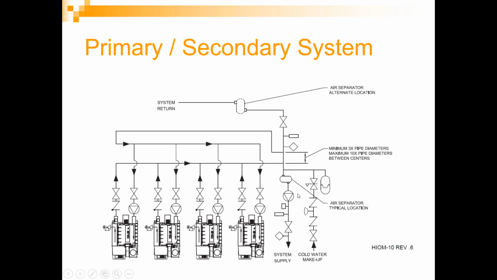You have your primary boiler pumps and then your secondary distribution pumps sending water out into the system. And these two closely spaced tees provide the hydraulic separation so that the flow from these pumps doesn't affect the flow from these pumps. And vice versa, when this pump is on a variable speed drive ramping up and down, it's not affecting the flow through each one of these boilers or those pumps.